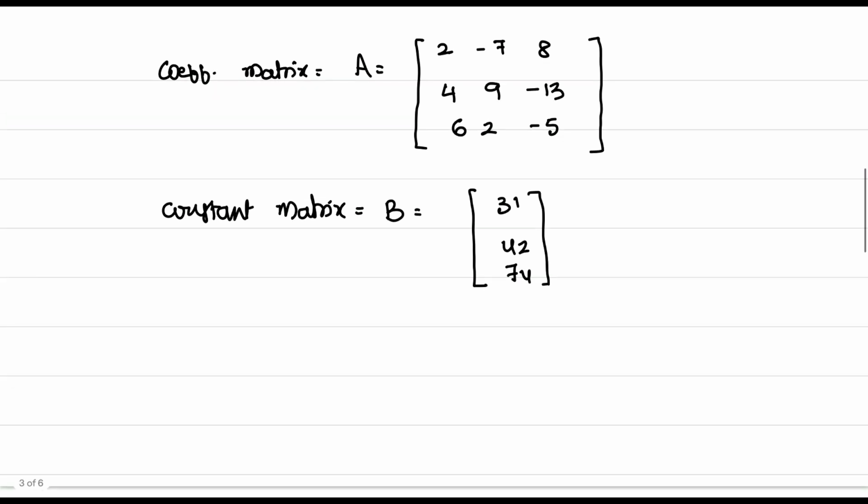In which form they are represented? The simultaneous equations can be represented in this form, A x is equal to B. This is the original given matrix equation. Now, we have to write the augmented matrix.